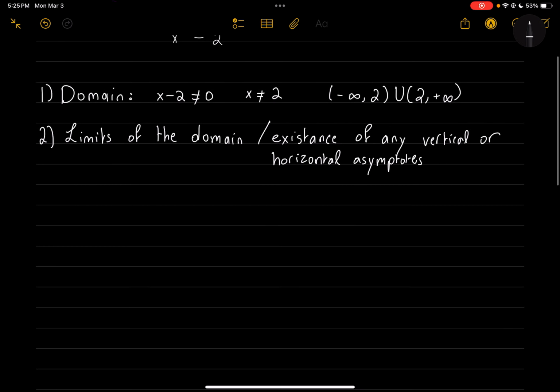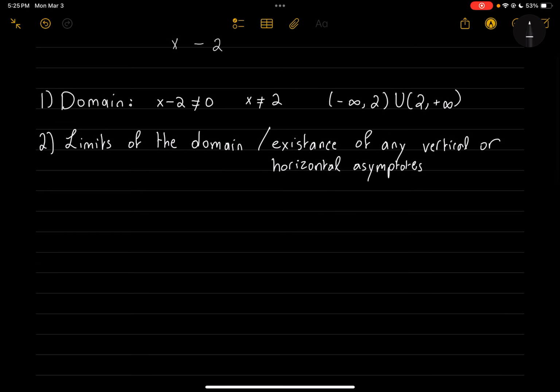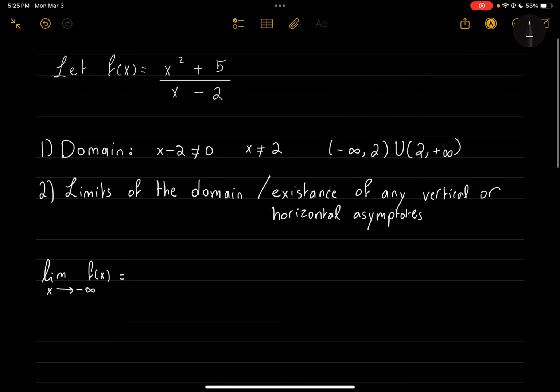So first of all, let's study the limit at infinity. Limit as x goes to negative infinity for f of x. Since we're going to negative infinity, we can take highest power over highest power. So it's essentially x to the power of 2 over x.